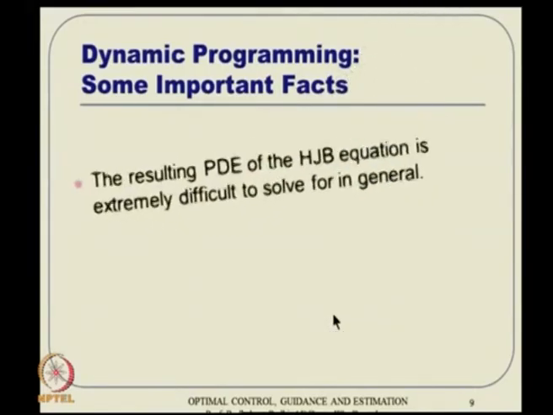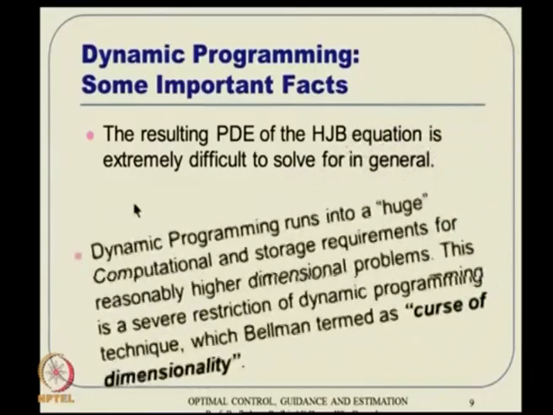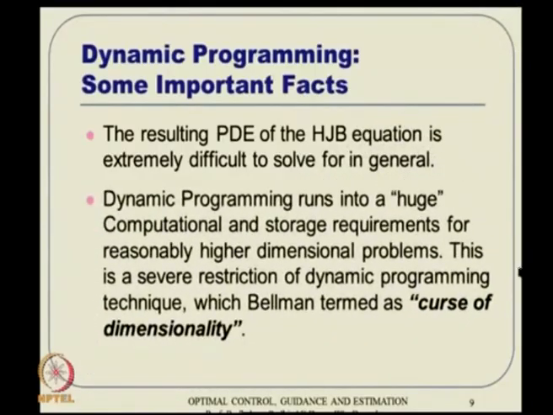But there are difficulties also. The resulting PDE of the HJB equation is extremely difficult to solve in general, and if you run into solving this numerically, it runs into huge computational and storage requirements, to the extent that even modern computers are not useful. This is called the curse of dimensionality, a term Bellman himself defined.